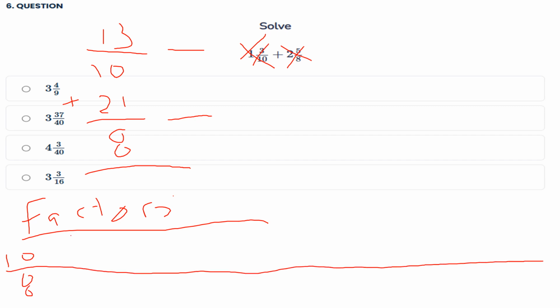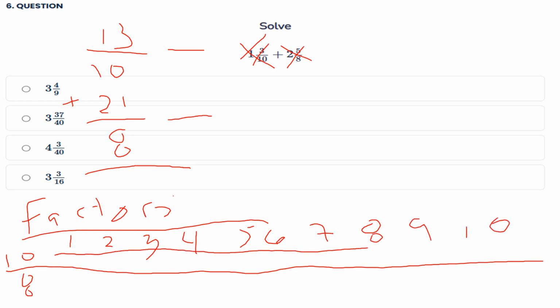We have 1, 2, 3, 4, 5, 6, 7, 8, 9, 10. So we're going to multiply both numbers up to 10.